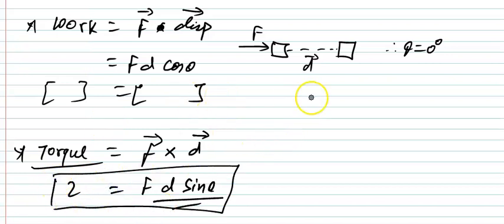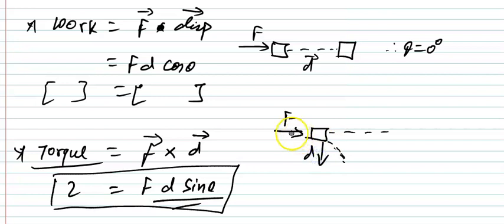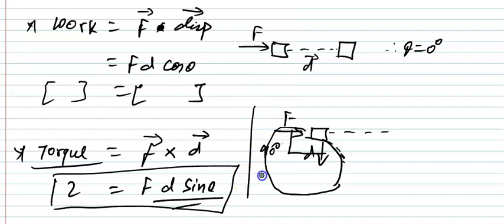It means that if we are applying the force on this object in this direction, this is the direction of the force, but the displacement is somehow in this direction. Let us consider its displacement will be in this direction. If this is F and displacement is in this direction, here the angle is equal to 90 degrees, so it is actually a rotating object, hence torque is used in rotating or circular motion. Getting it?